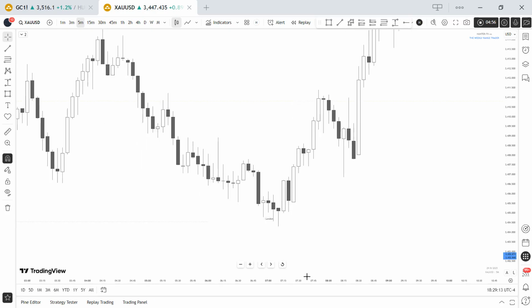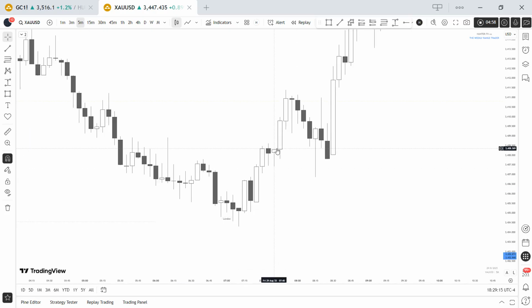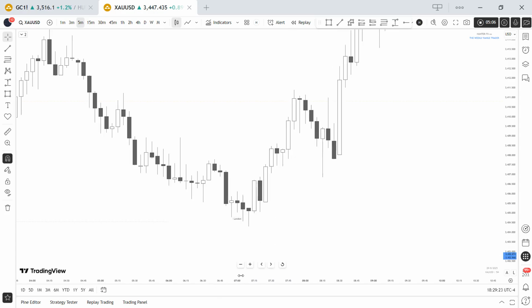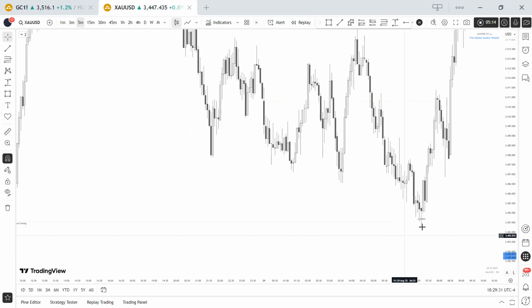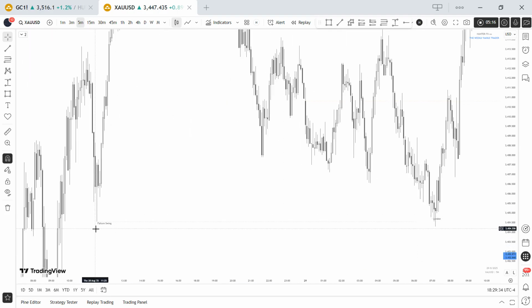We have reached the 5 minute time frame. On reaching the 5 minute time frame, this is the London low we marked out on the higher time frame, which is the intermediate time frame, the 1 hour. Now this is the failure swing we talked about on the 1 hour.